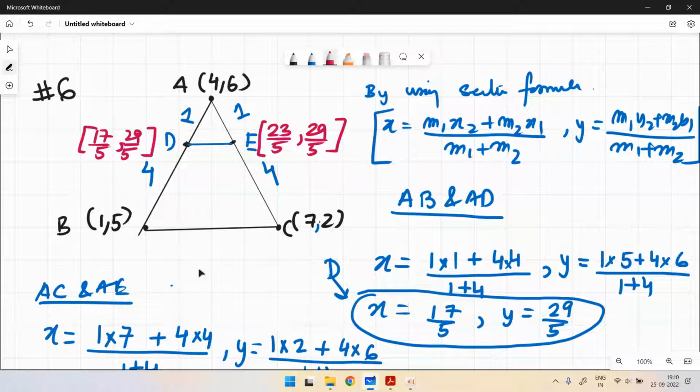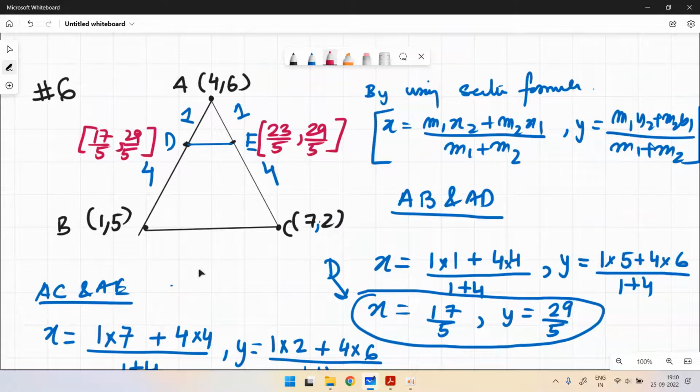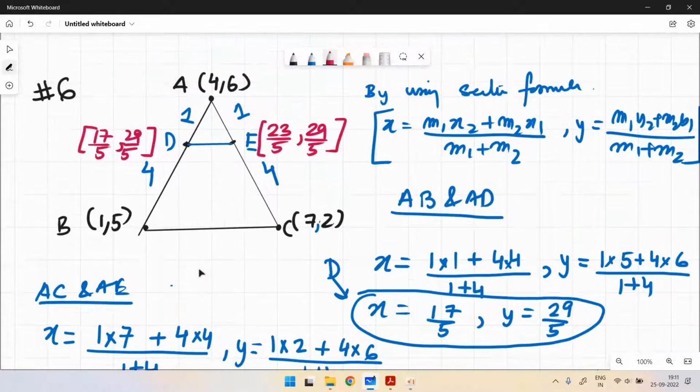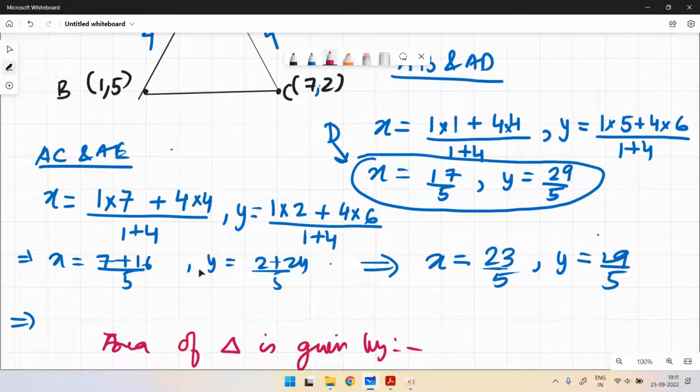25, 29 by 5. But this is 1 into 7, 7 into 4. Sorry, 6 into 4. 1 into 7 plus 4 into 4, 16. 16 plus 7 is 23 by 5, and this is 1 into 2 and 4 into 6, 24 plus 2.